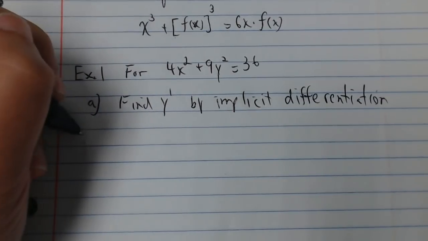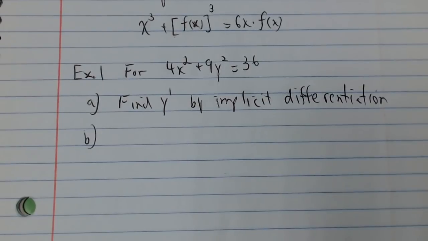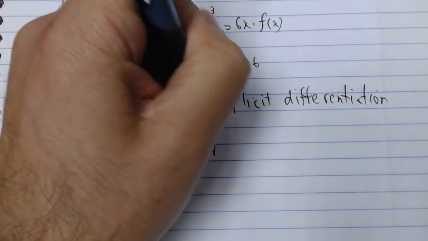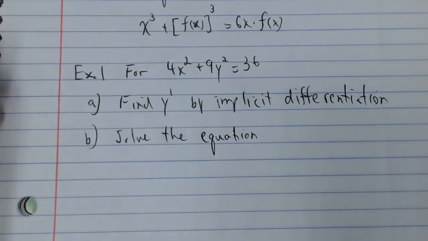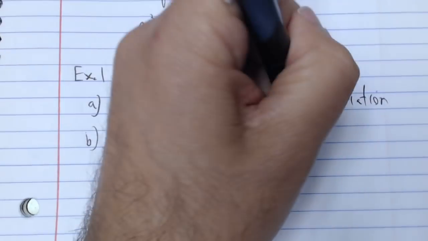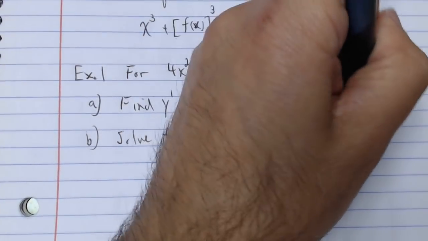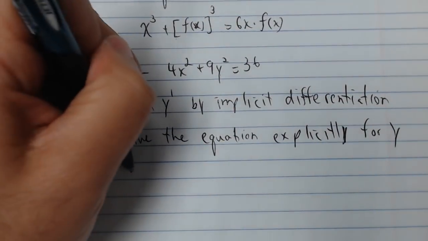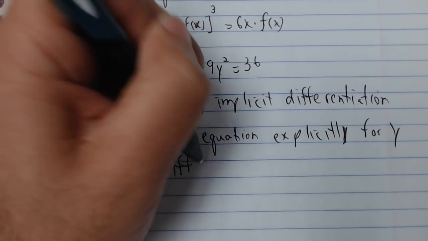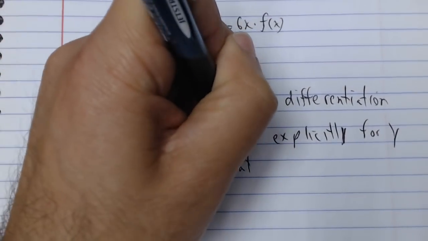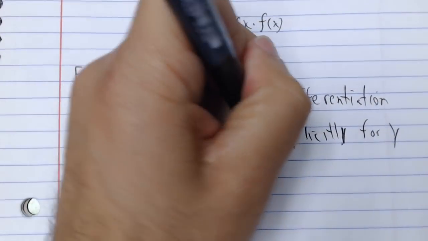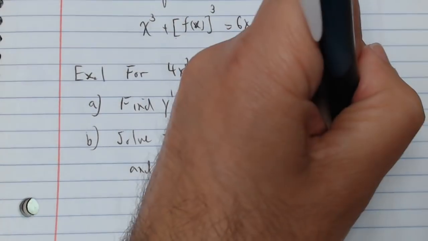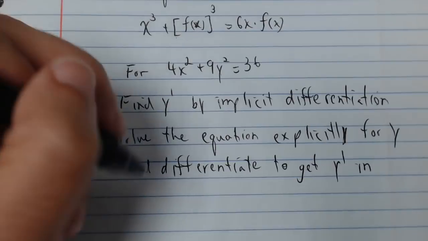The second method is to solve the equation explicitly for y and differentiate to get y prime in terms of x.